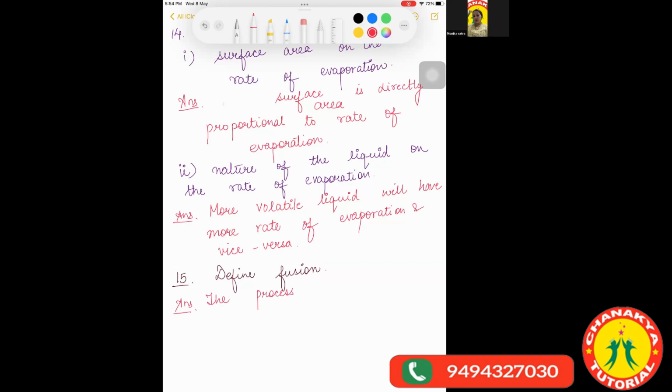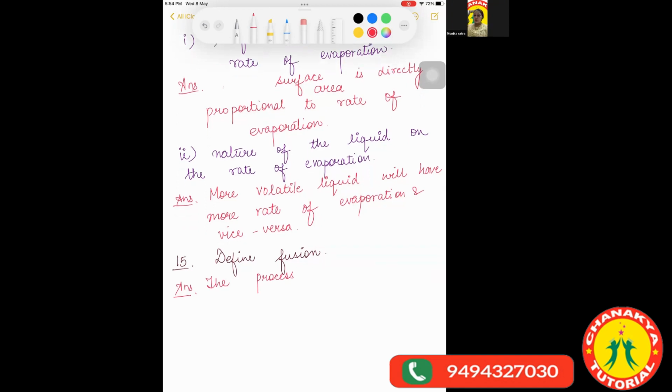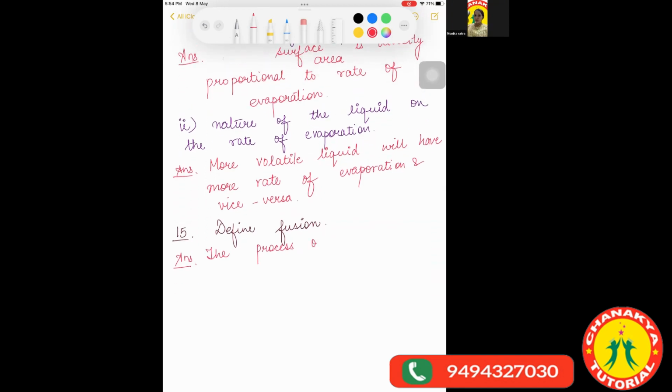We don't have to mention melting point in this one because fusion is melting itself. The process of converting solid to liquid is called melting or fusion.